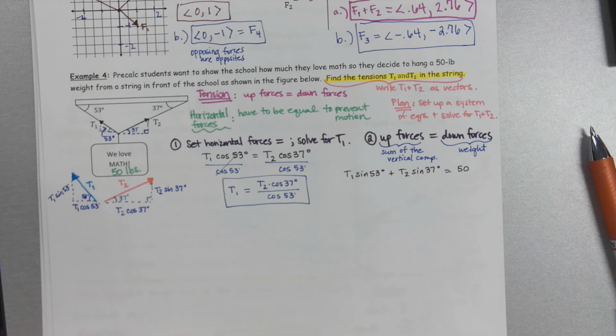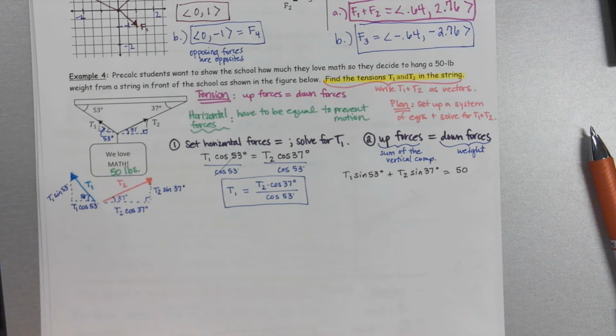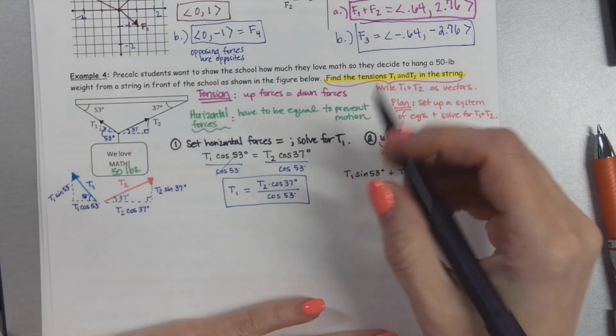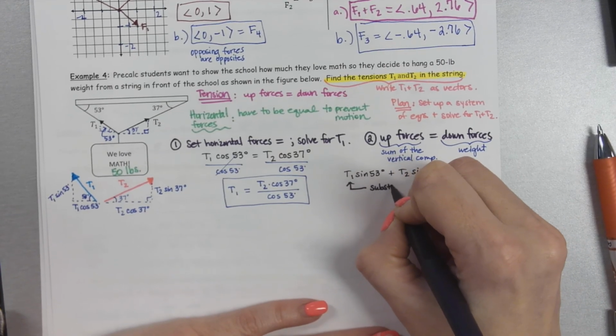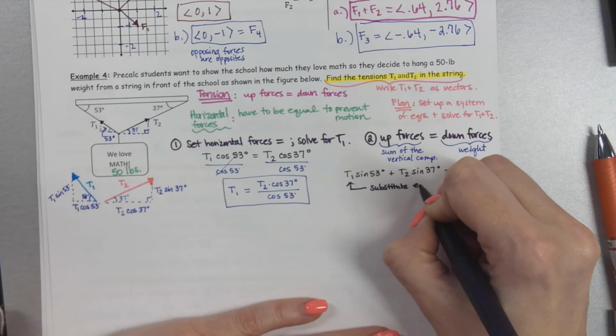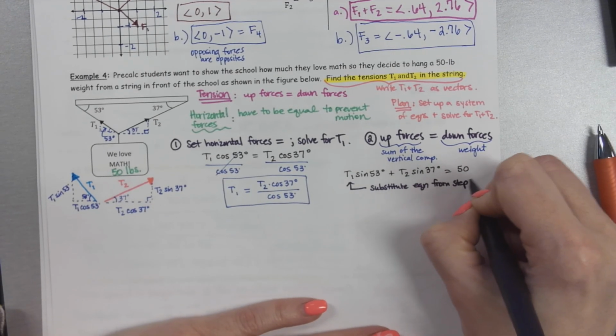Okay, so what we're going to do here after we set up the equation is substitute for T sub 1. So you're going to substitute the equation from step 1.